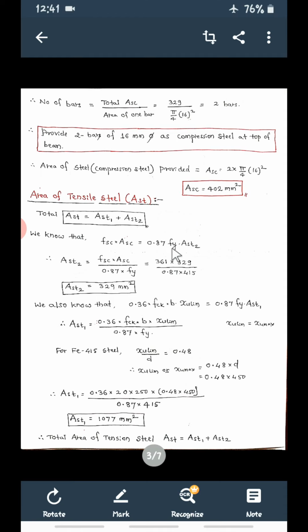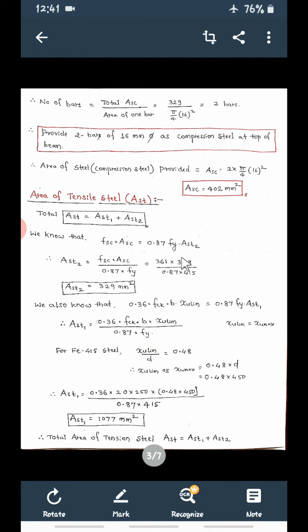Stress is 0.87 Fy, steel AST2, is equal to force in the top concrete, FSC into ASC. So what do we want? AST2 we want. So AST2 is equal to FSC into ASC divided by 0.87 Fy. So substitute all the values, FSC, ASC divided by 0.87 Fy.